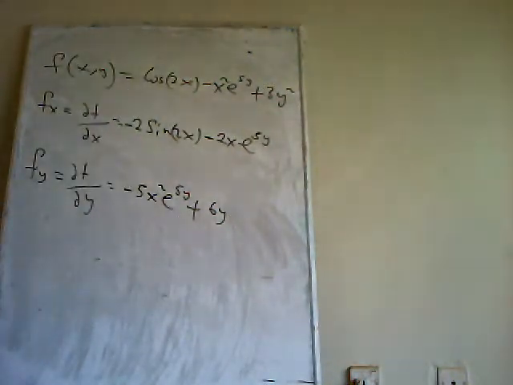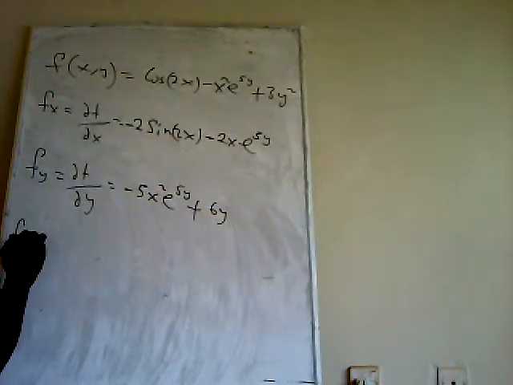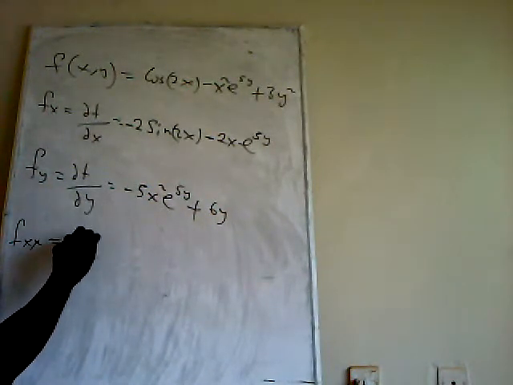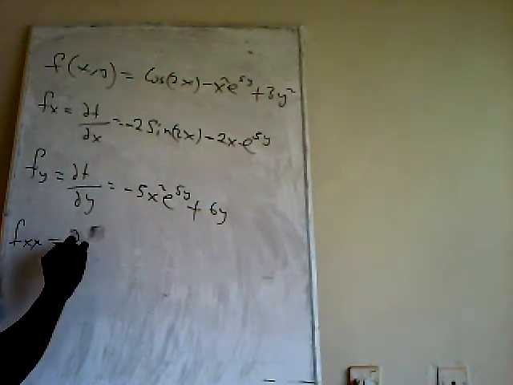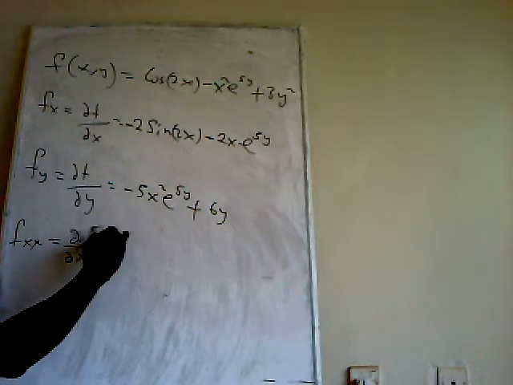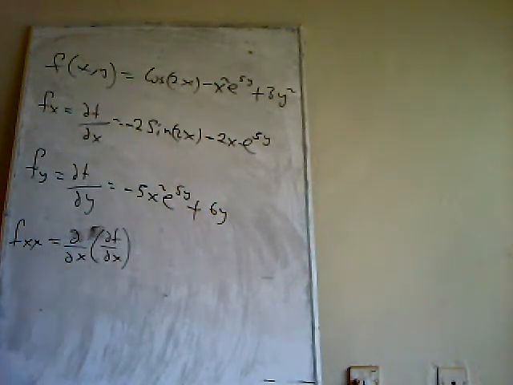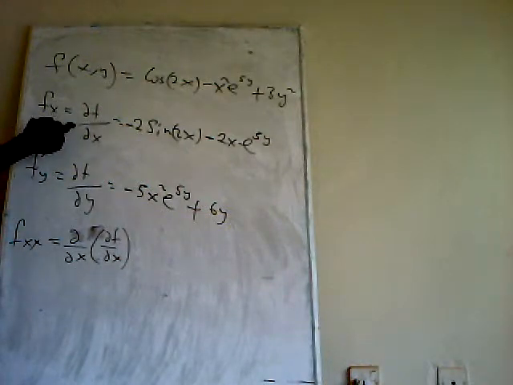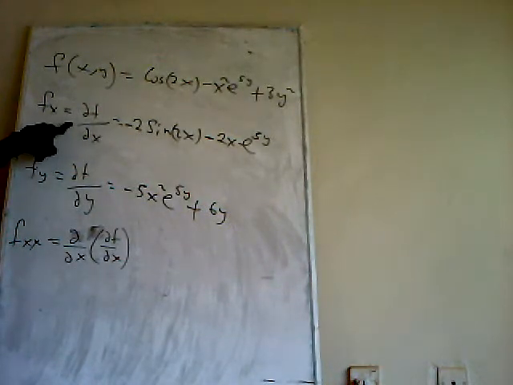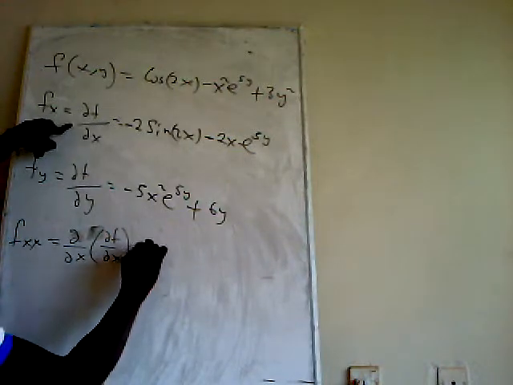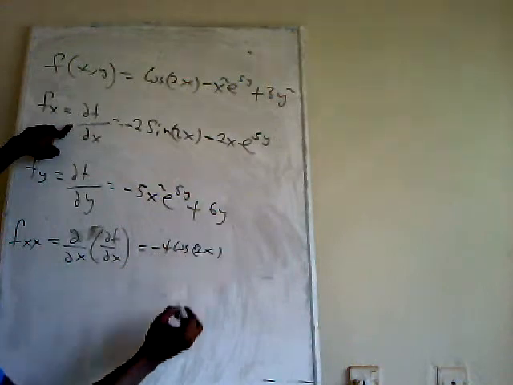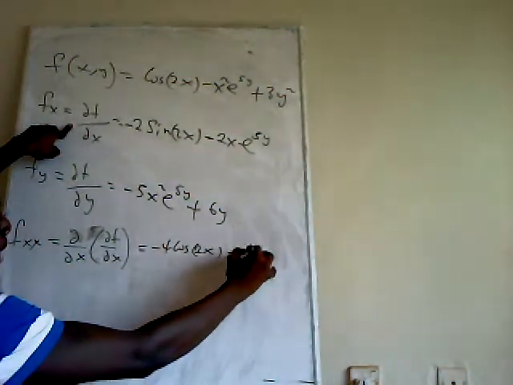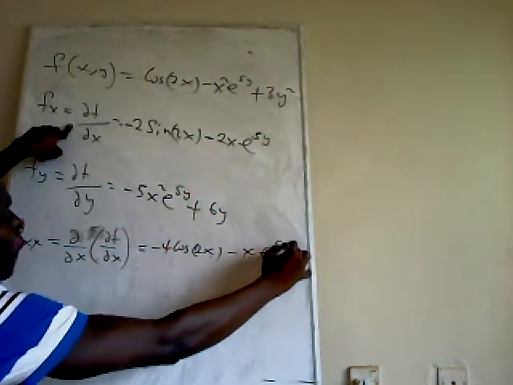I can find fxx, which is just differentiating del f del x. So fxx means I'll now differentiate this one here with respect to x again, and that is going to give me minus 4 cos 2x minus 2e 5y.